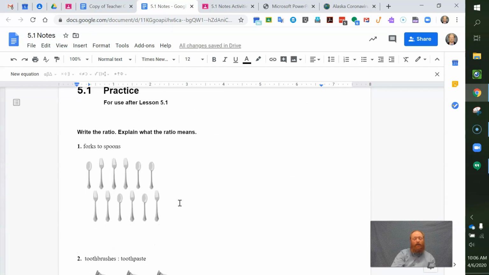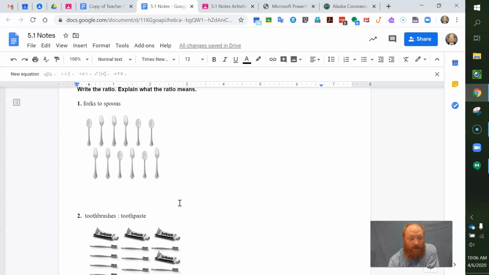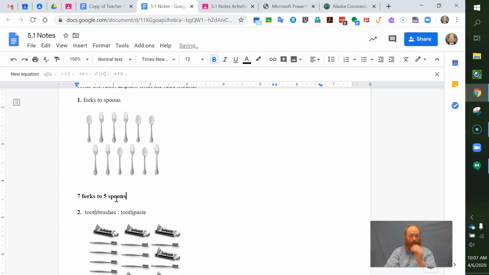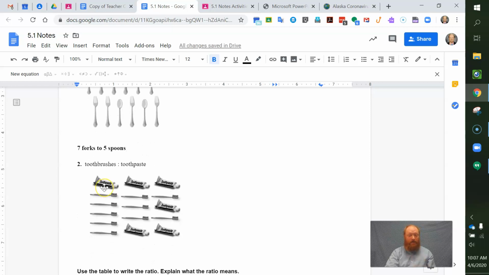Okay, final part, practice. Forks to spoons. How many forks? 1, 2, 3, 4, 5, 6, 7. How many spoons? 1, 2, 3, 4, 5. So that would be 7 forks to, what did I say, 5? 5 spoons. Okay, toothbrushes and toothpaste.